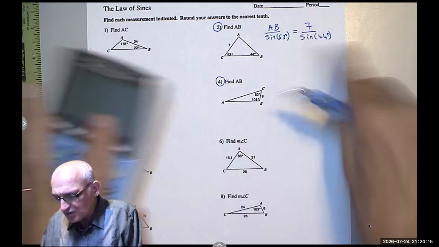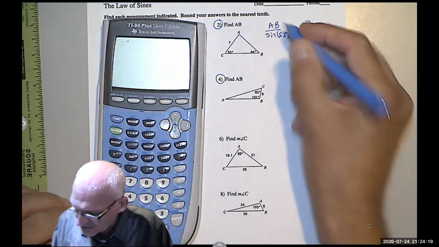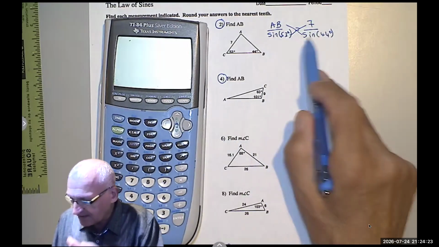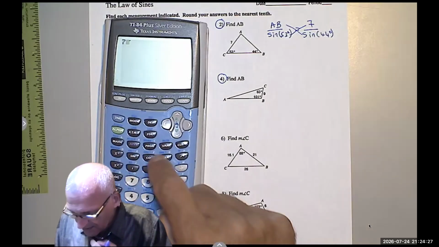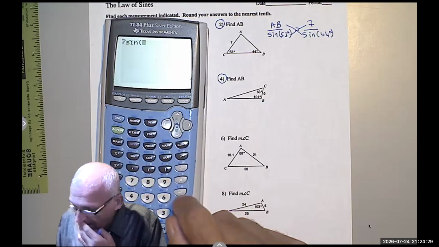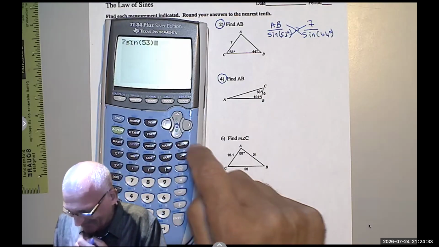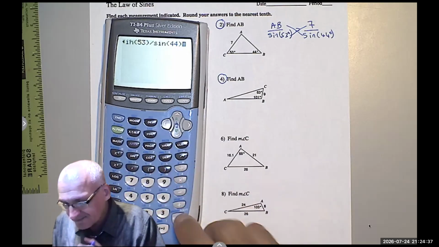So there is no reason to keep writing the equation. I know that AB, if I cross multiply, would be 7 sine 35 divided by sine 44. 7 sine 53, I said 35, divided by sine of 44.